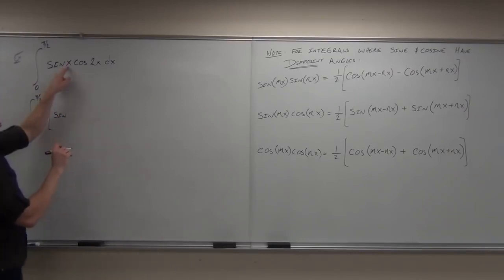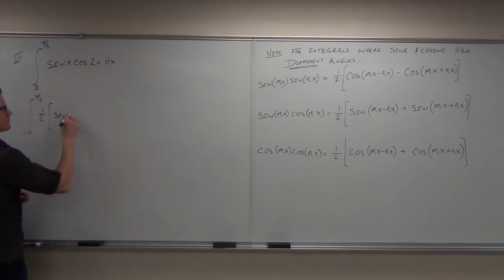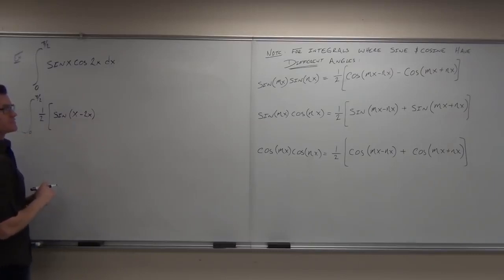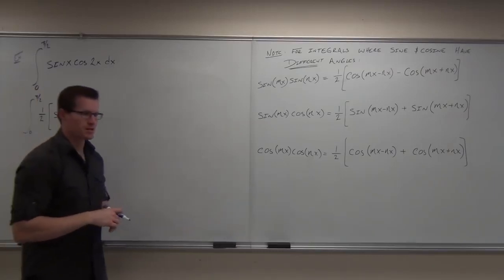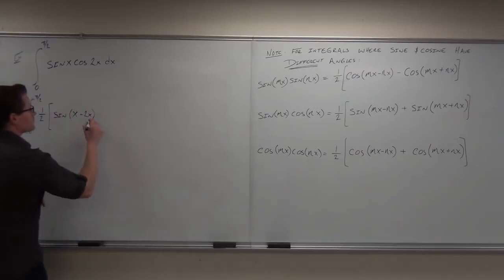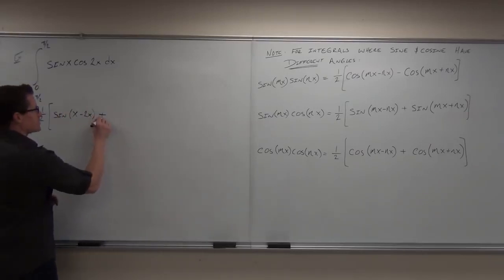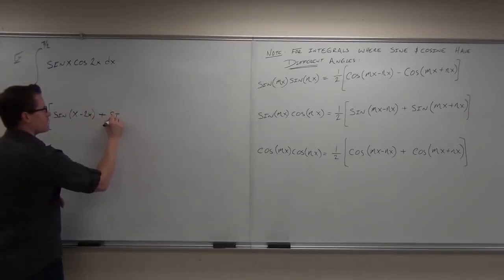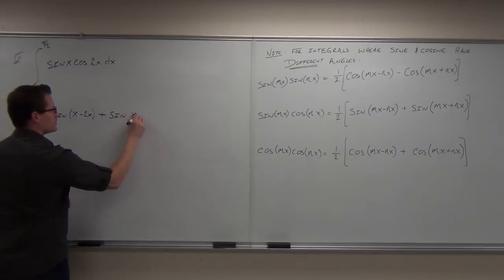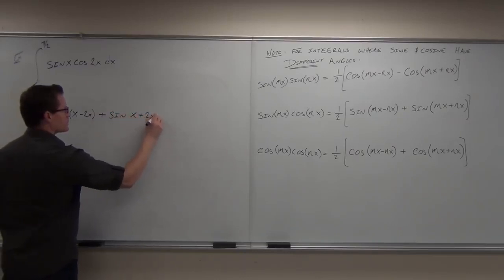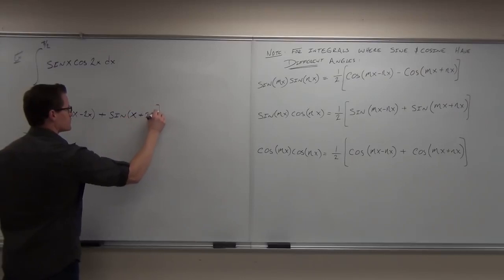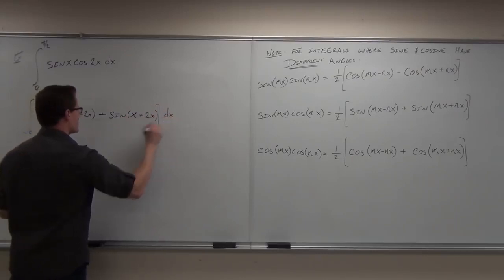Good, it just says this angle minus this angle. Oh, x minus 2x, not 2x minus x. Okay, what else? There's a plus holding those together, and then another sine, and then what? x plus 2x. Perfect. Don't forget your dx's.